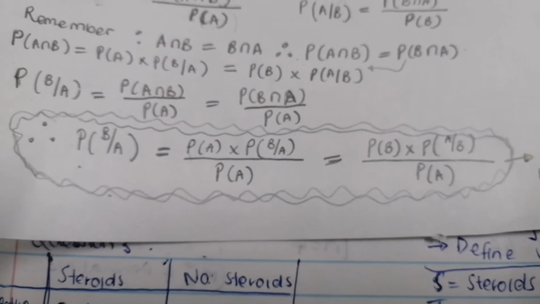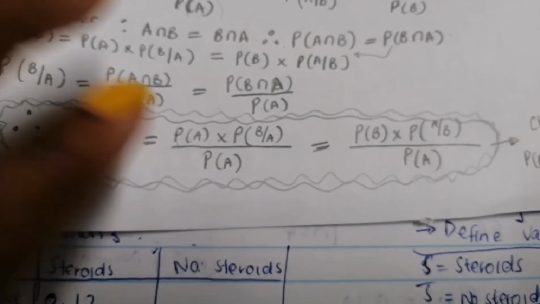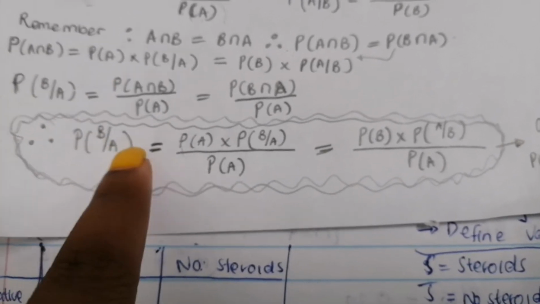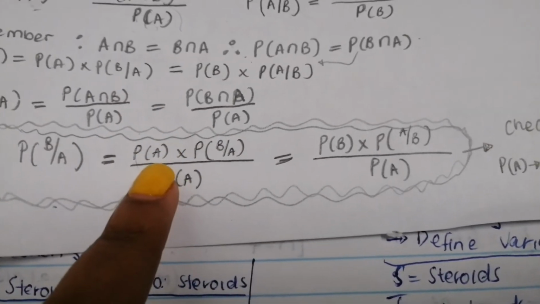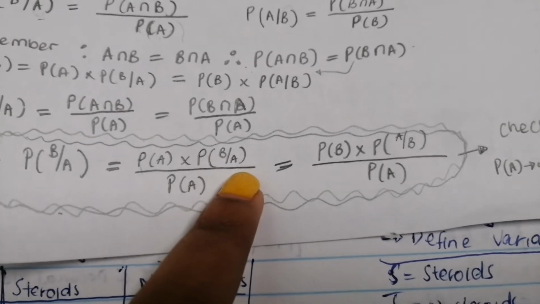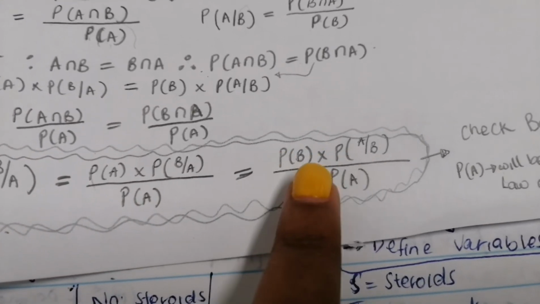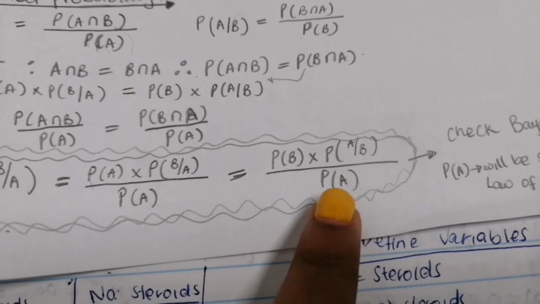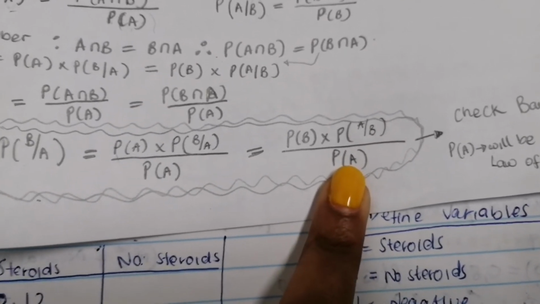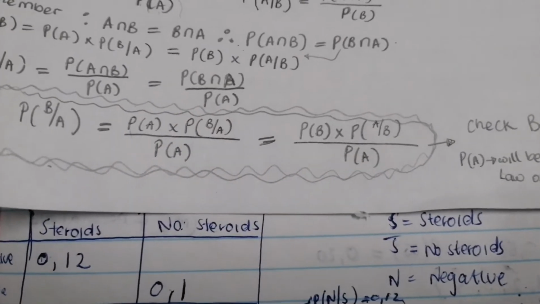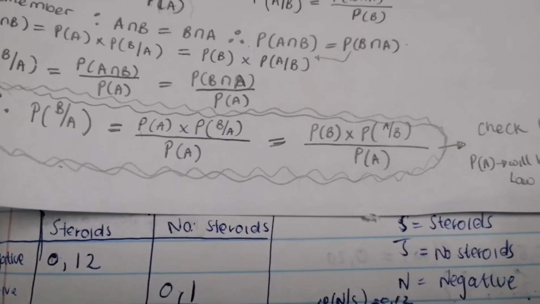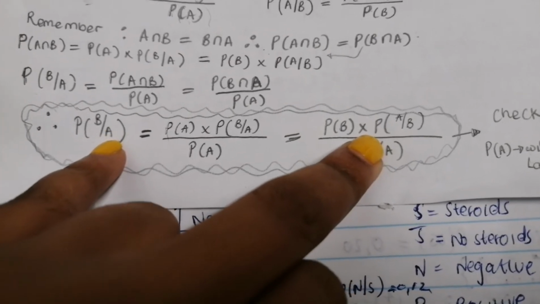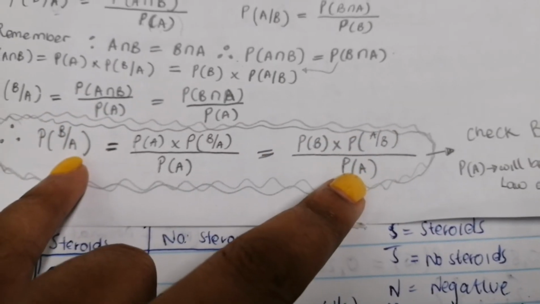So using that, we know that the probability of B given that A has occurred equals the probability of A multiplied by the probability of B given A, or equals the probability of B times the probability of A given that B has occurred, divided by the probability of A. Most of the time, the formula that you are going to use will be this one, because this one is the unknown that you are looking for, right?